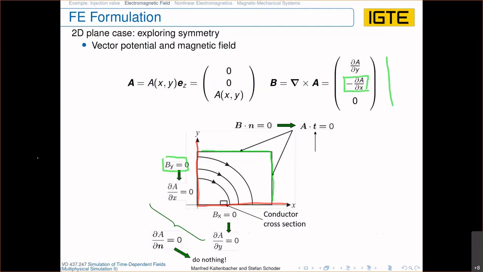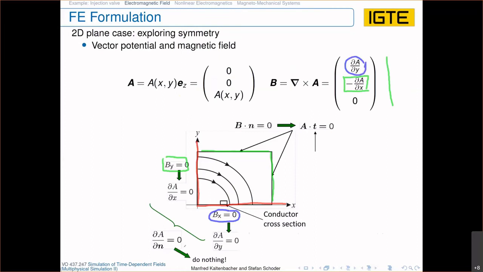Along the other boundary, the x component of the magnetic flux density has to be 0, which means the partial derivative of A with respect to y should be 0.